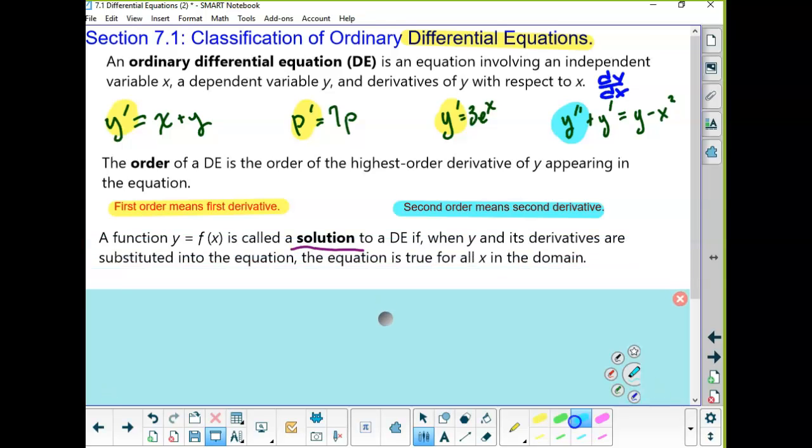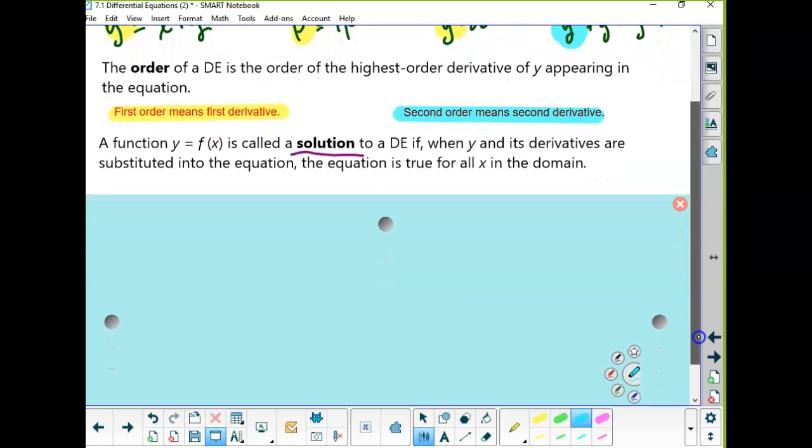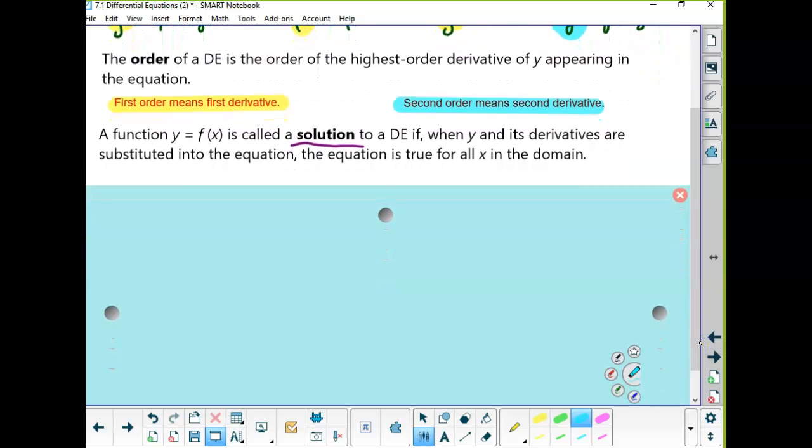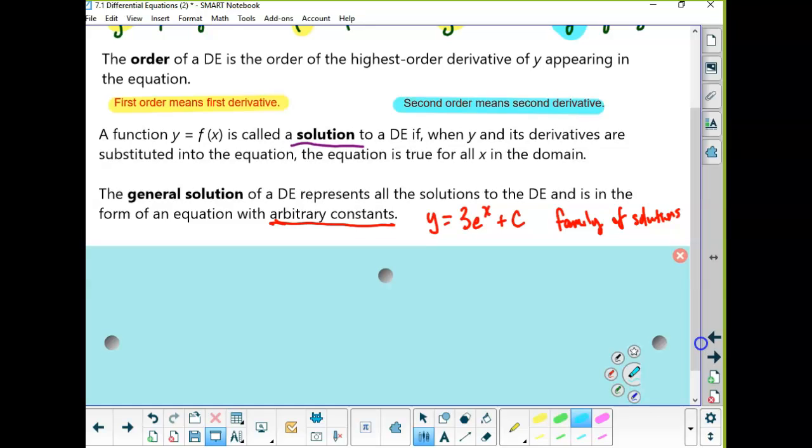And then the parts that we should be really familiar with is how do we solve differential equations? Well, if y equals f of x is a solution to a differential equation, then y and its derivative are substituted into the equation, and the equation is true for all values. Well, the way we looked at it is, remember when we did that general solution?